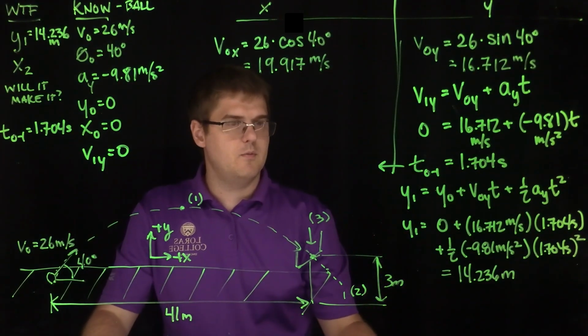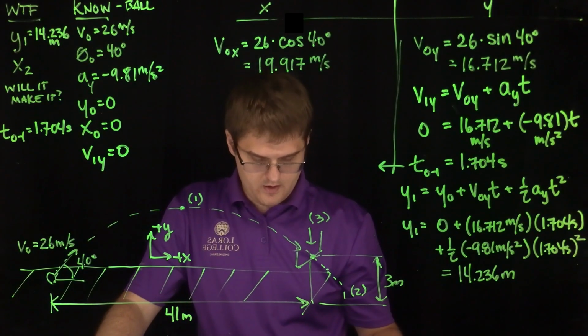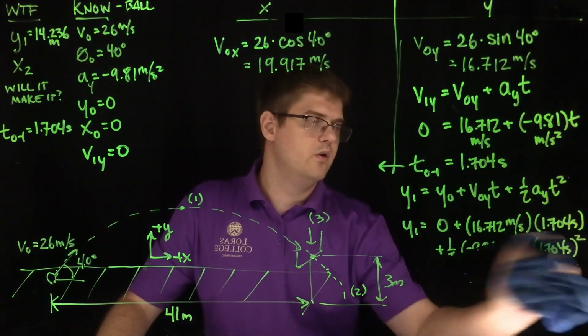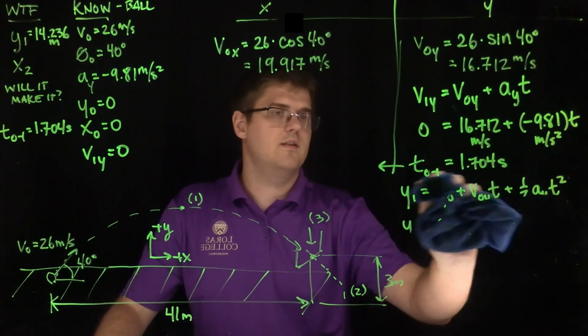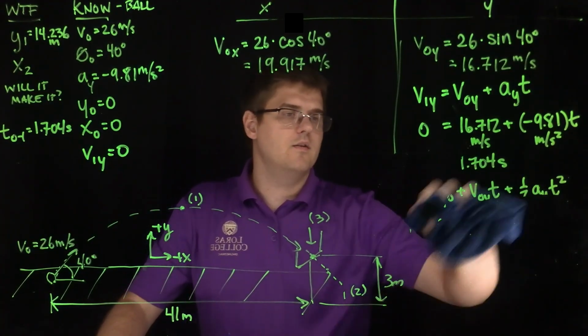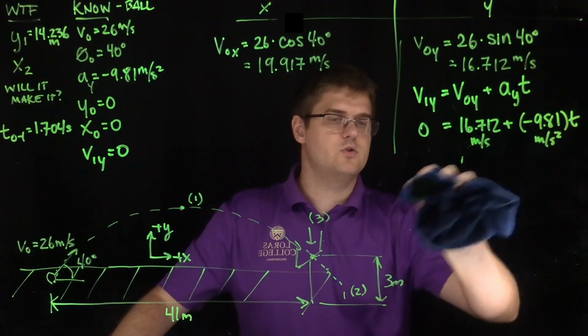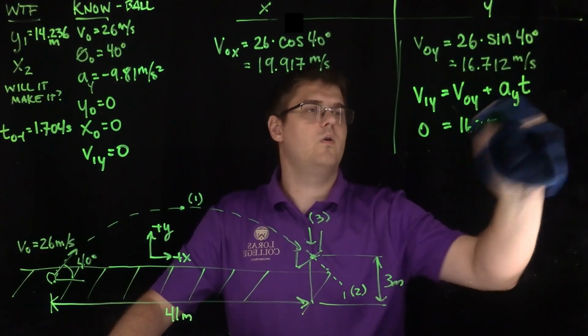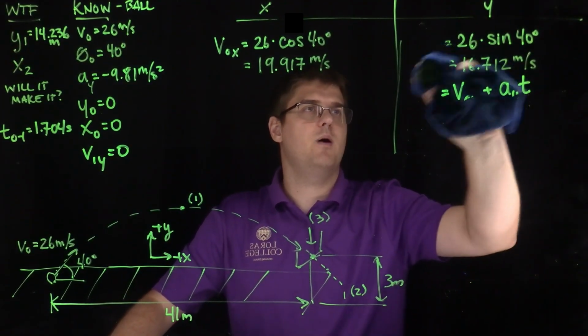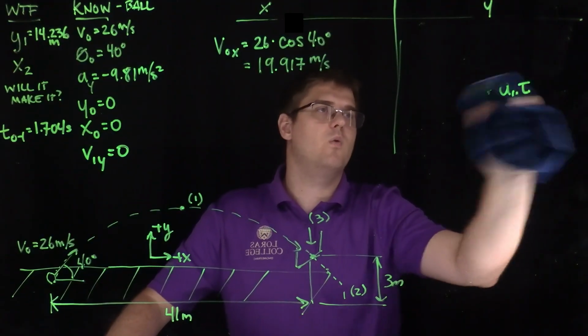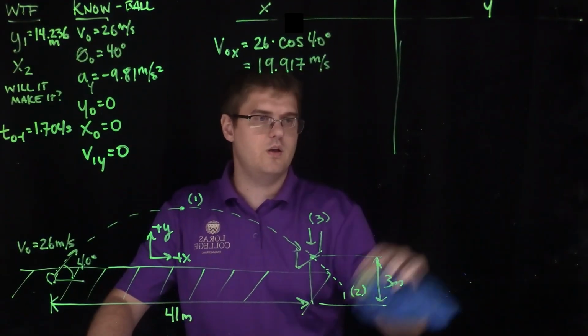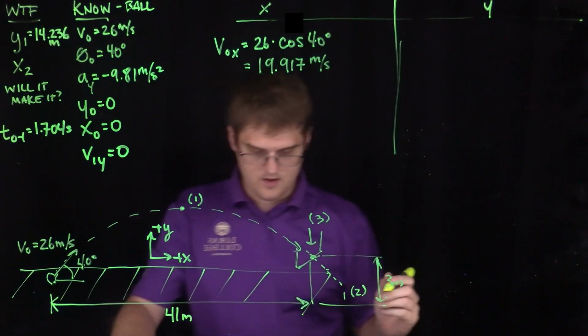So what I'm going to do here is see how long it takes to hit the ground. And there is a shortcut to this that I think we may have already talked about, but I'm going to do it by hand one more time before I assume that you can take this shortcut.